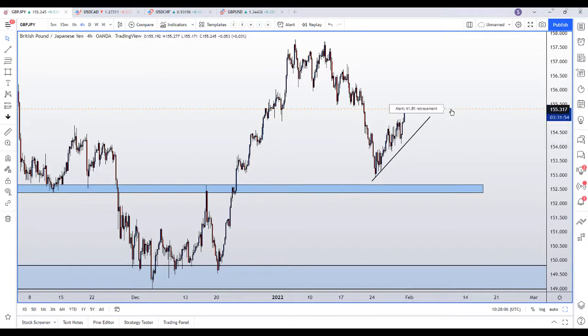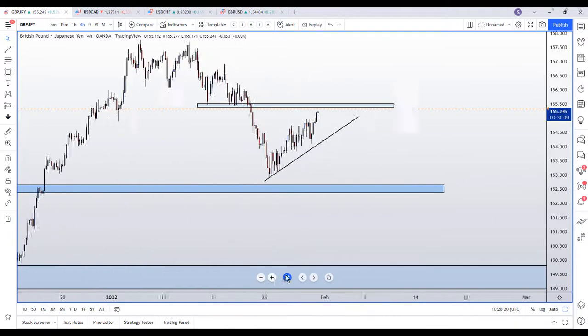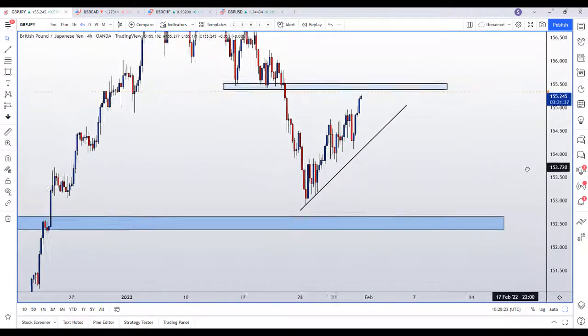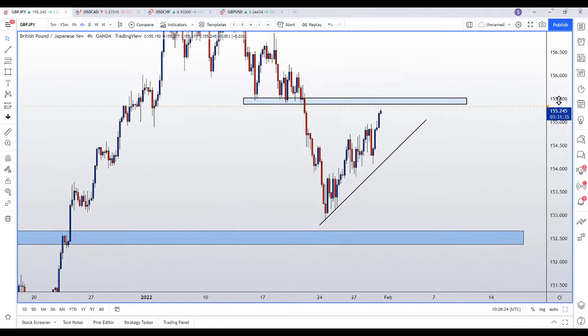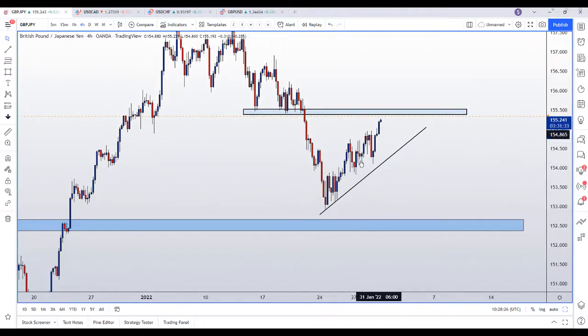I've actually got an alert here, 61.8% retracement. There's a nice little level here, as you can see, support. Be good if that came up and was retested. And you could look for an evening star pattern there if you wanted to on the hourly, 4 hourly, etc. But definitely looking for that to push up and then push down.